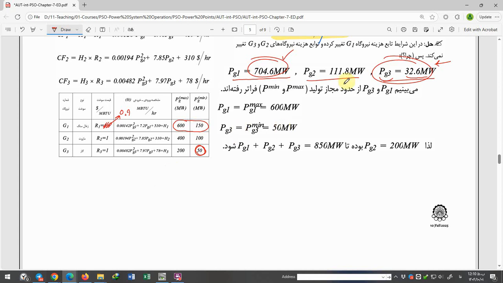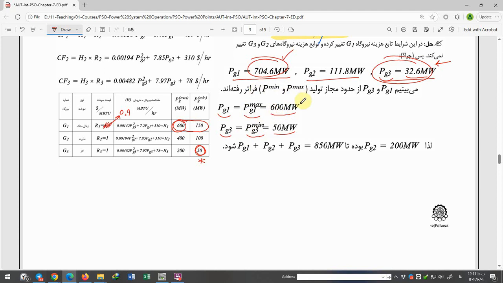You fix the PG3 at its minimum, 50 megawatt, and you find that the PG1 is about 700 megawatt, beyond the maximum. You set the PG1 on its maximum, 600 megawatt.